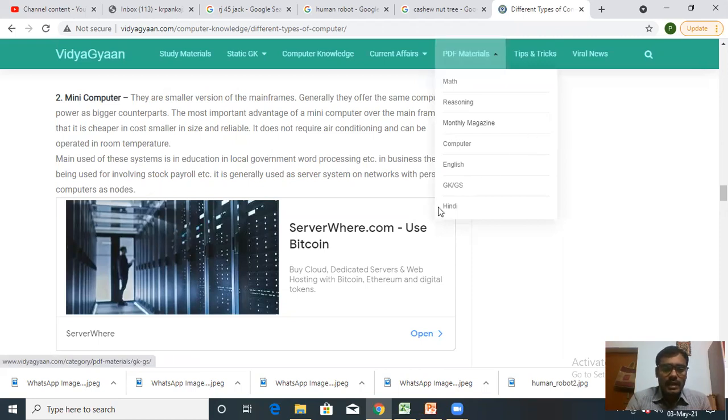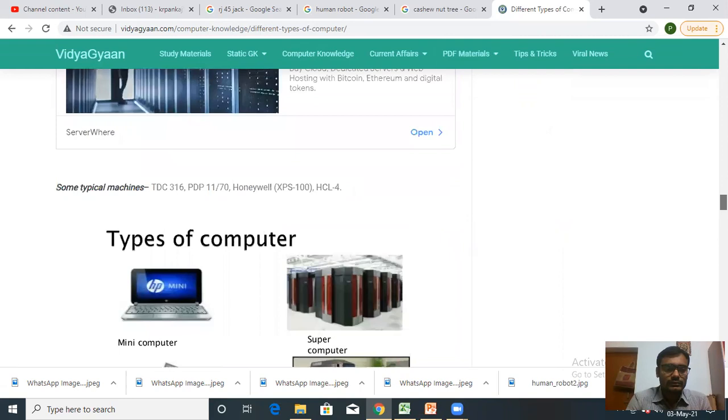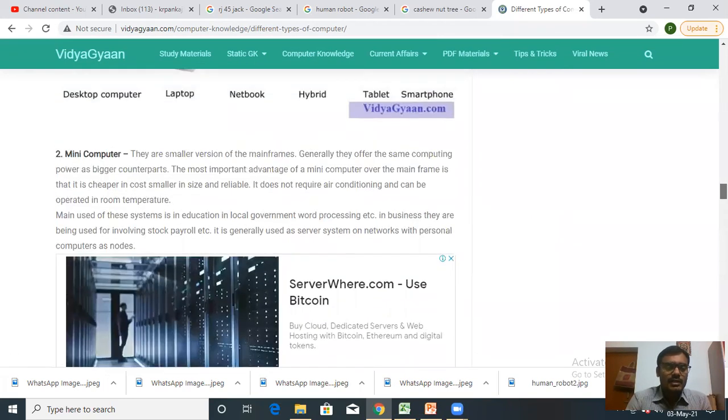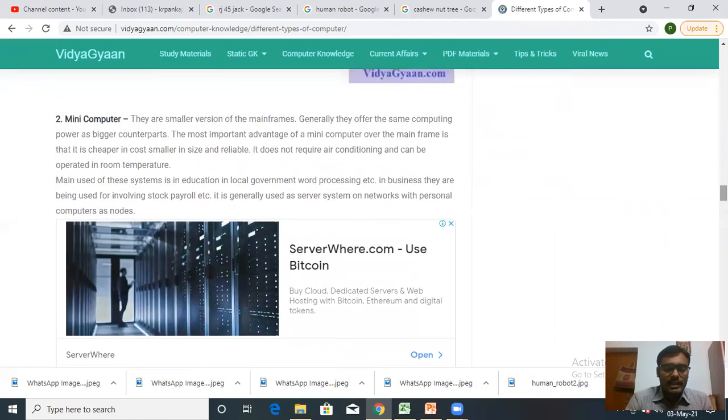You can see the diagram of a mini computer. Sometimes it is used as a server computer. And sometimes this mini computer is in the form of a small laptop. But its processing power, its storage capacity, and its memory power are more than those of microcomputers.